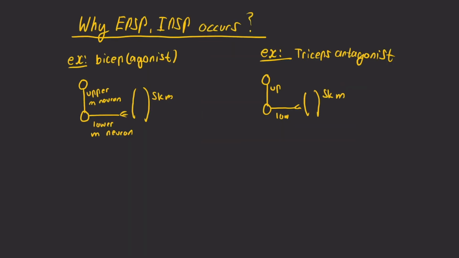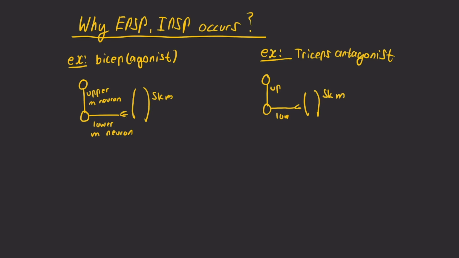Okay, let's look at why excitatory postsynaptic potentials and inhibitory postsynaptic potentials occur in the context of muscles. So let's say you want your bicep to contract.